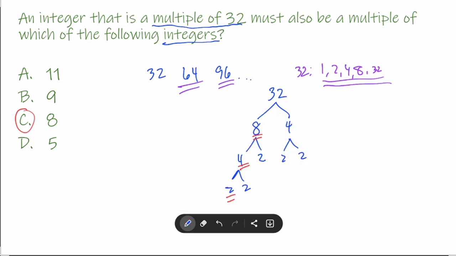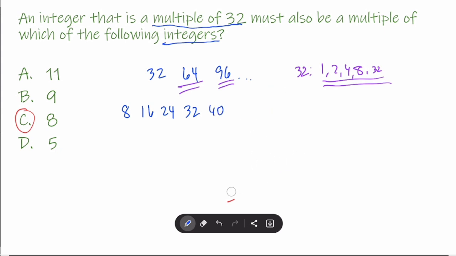So for example, if we have 8, 8 plus 8 is 16, plus another 8 is 24, plus another 8 is 32, plus another 8 is 40, plus another 8 is 48, another 8 is 56, another 8 is 64.